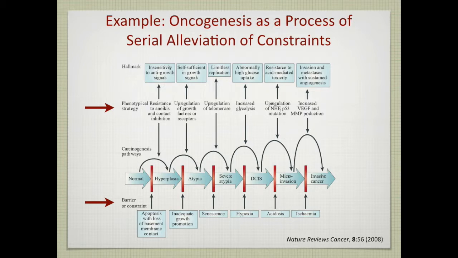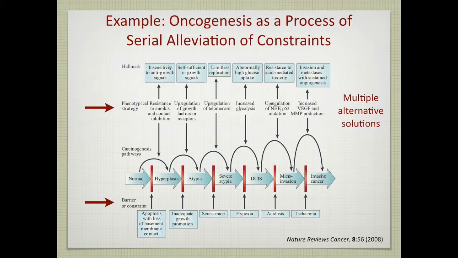And there are the pathways involved in them, there are the phenotypic consequences of that. And so this is a successive alleviation of constraints to get a full-blown metastatic cancer. And what's interesting when you look through that list of the mechanisms that underlie these, what are called here carcinogenic pathways, there are alternatives.